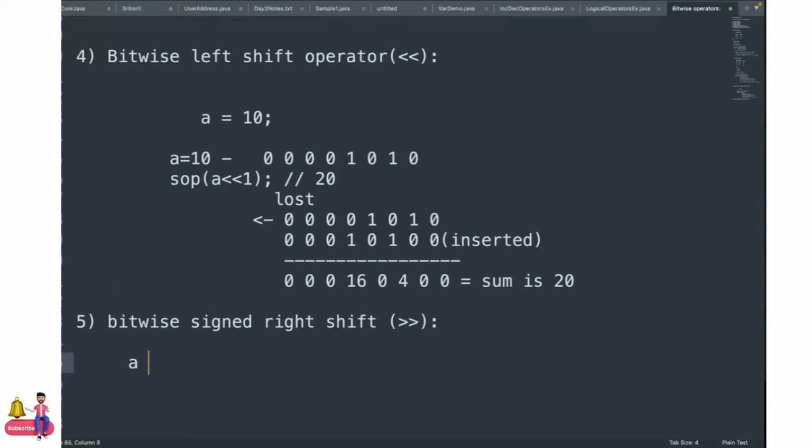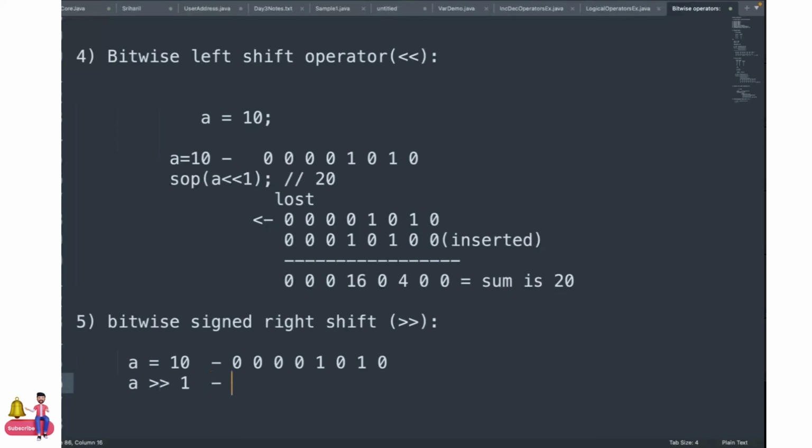Let's take A is equal to 10 only. What is the binary representation for 10? 0000 1010. Now I need to shift based on the given positions. A is 10, so can you move A towards the right side by one position?